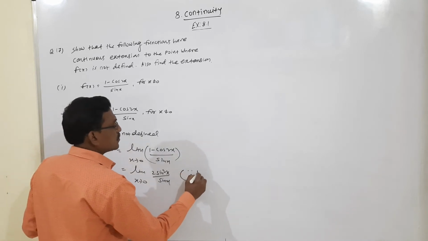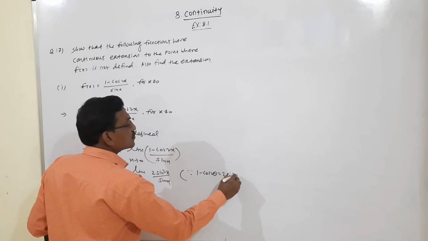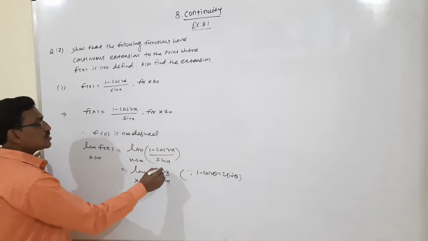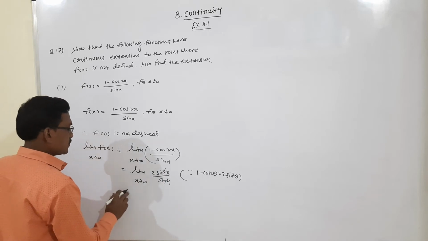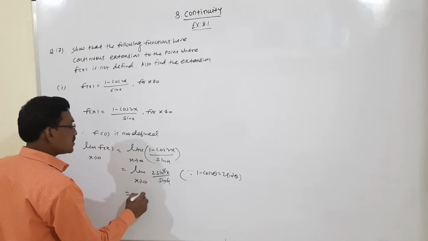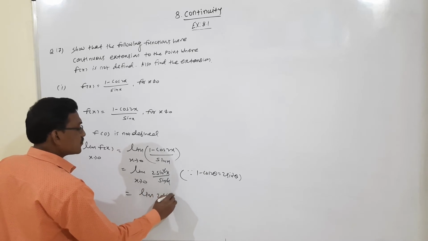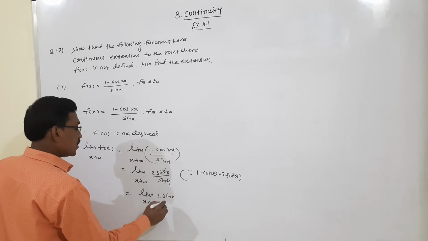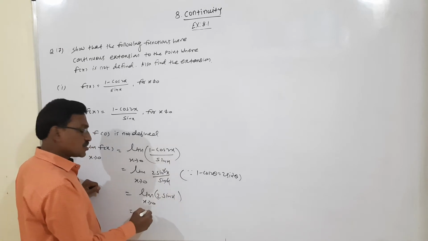Since 1 minus cos 2 theta equals 2 sin square theta, this sin square x and this sin x will cancel, remaining only 2 sin x as x tends to 0. Apply the limit as x tends to 0.